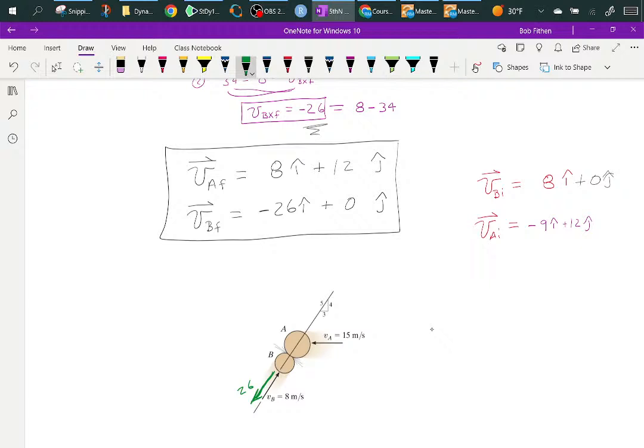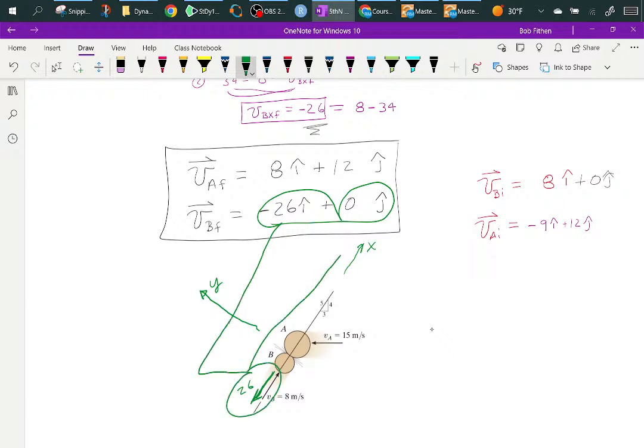Now what we've got to remember is this is our X, and this is our Y.